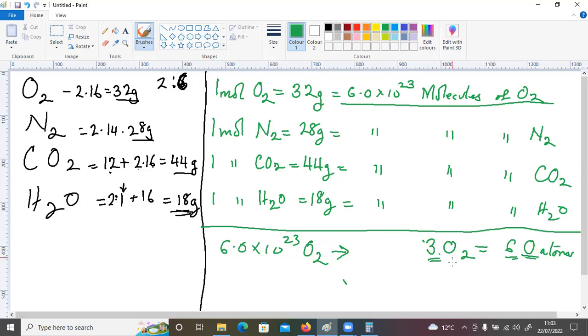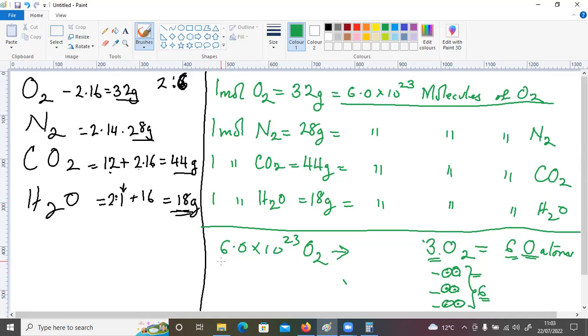Why? Because 1 molecule has 2 atoms of oxygen, then another one has 2, then another one has 2. You remember this is the structural way I had drawn them. Sorry, they look like eyes, but it doesn't matter. It's an oxygen, an oxygen, an oxygen, an oxygen, an oxygen, an oxygen. So if I am dealing with 1, 2, 3 molecules, the total number of oxygen atoms is 6 in three molecules of oxygen.